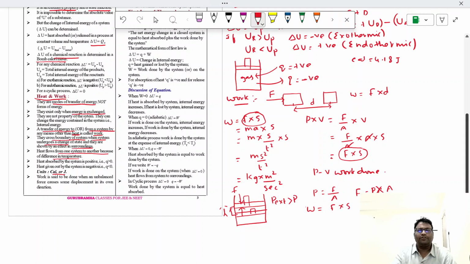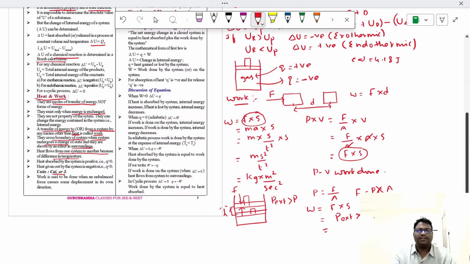So this force can be written as P, and what is that pressure? External pressure, not P, it is P external into S. F is equal to P external into A. So P external into A into S.